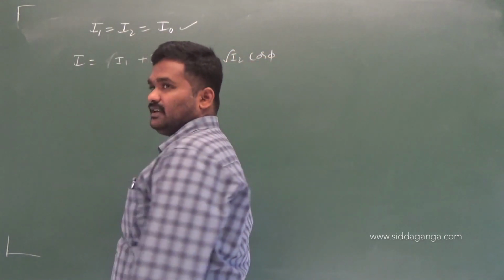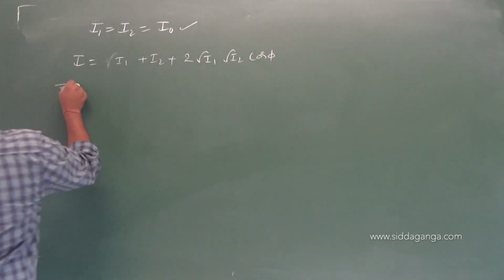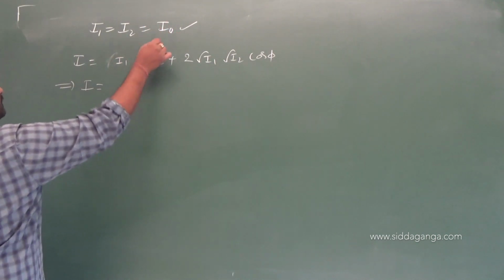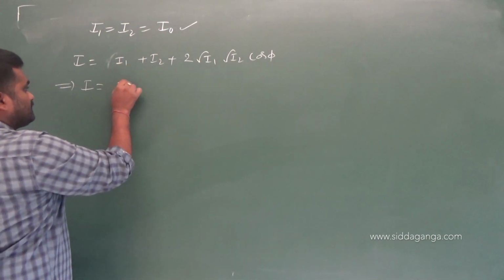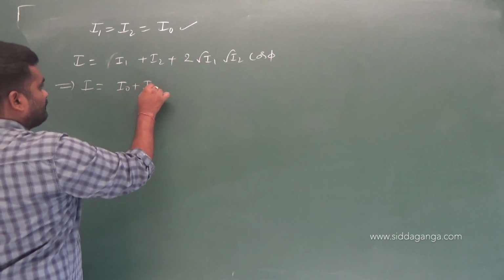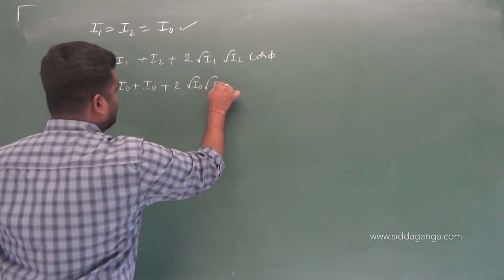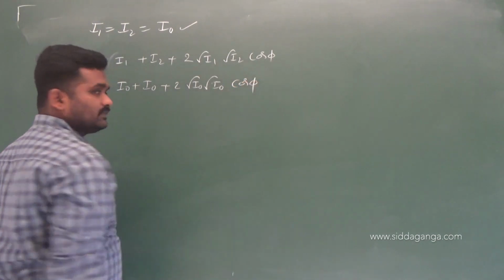That's what we have written. I can rewrite this equation as I equals, I1 is I0, I2 is also I0. So this is I0 plus I0 plus 2 root I0 into root I0 into cos phi. Is it visible?